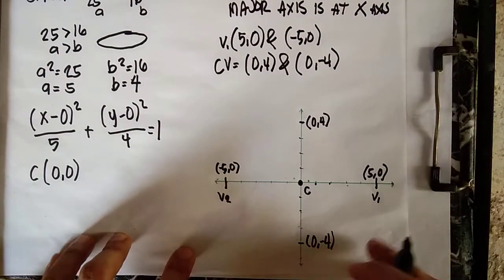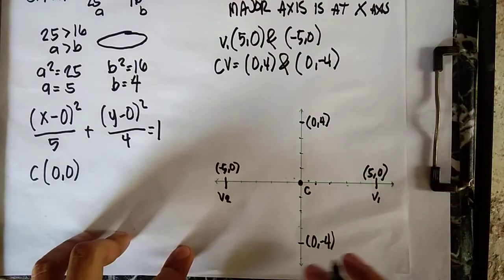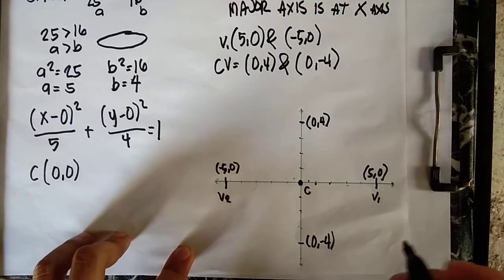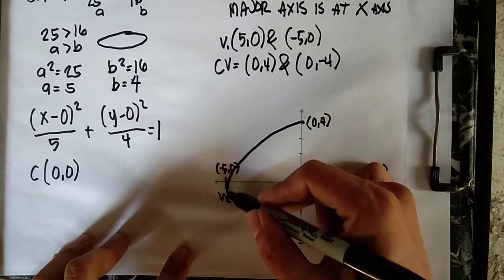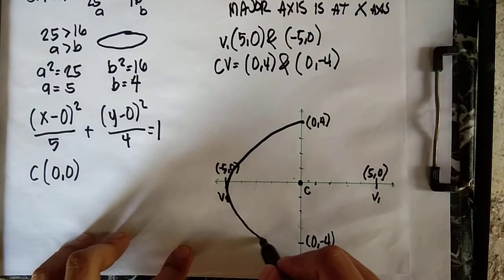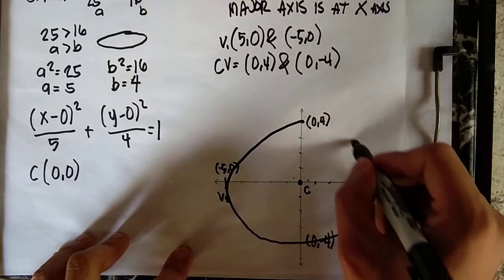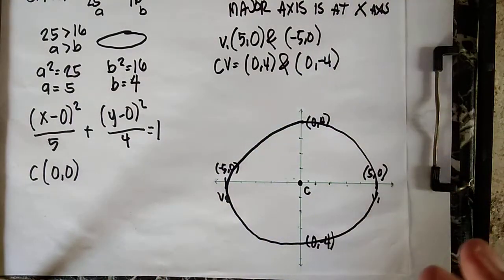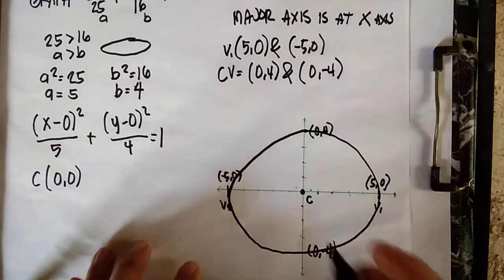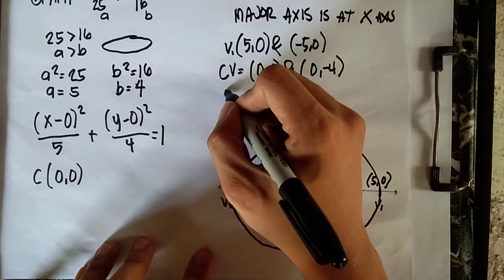So, ang gagawin natin, we will just smoothly trace yung ating points para mag-graph yung ating ellipse. So, yan yung ating ellipse. And then, meron tayong tinatawag na foci.